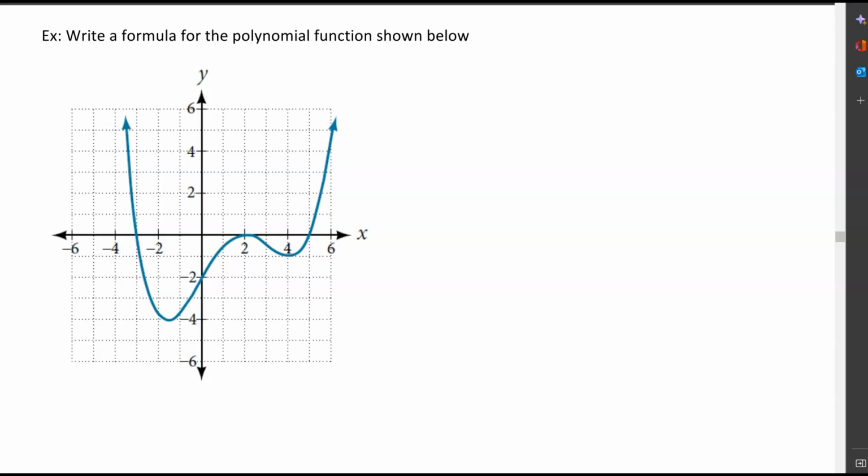So here we're going to write a formula for the polynomial function shown below. Alright, so let's start off by identifying our zeros. So we have a 0 here, here, here. So our zeros are going to be -3, and then we have 2, and then we have 5.